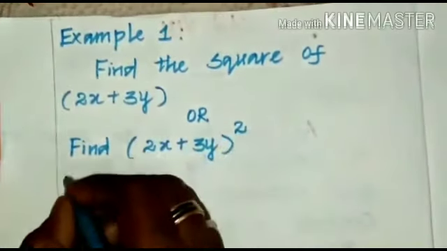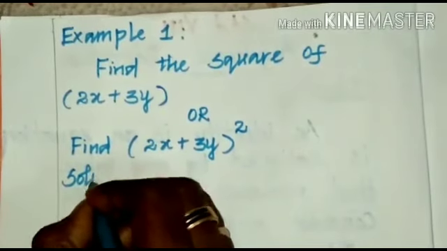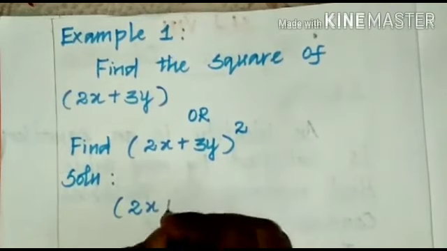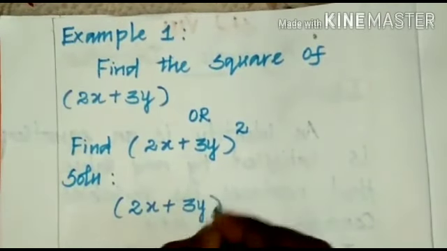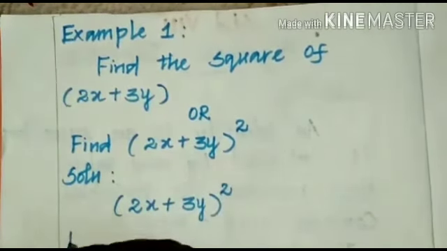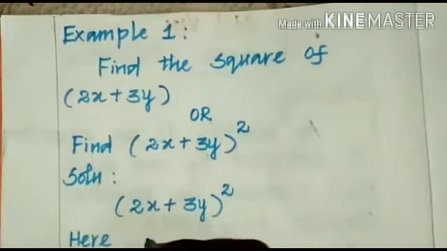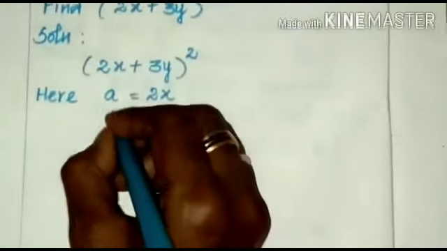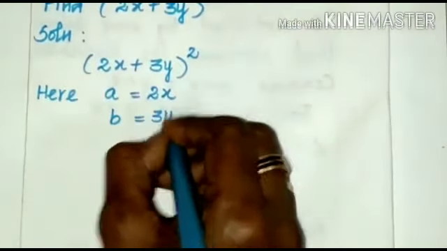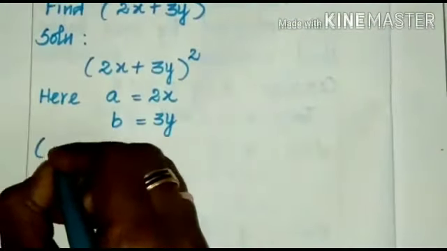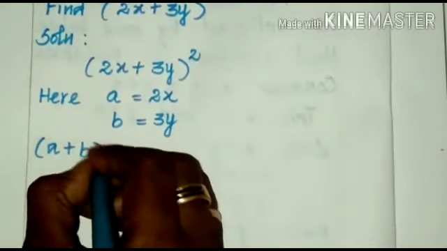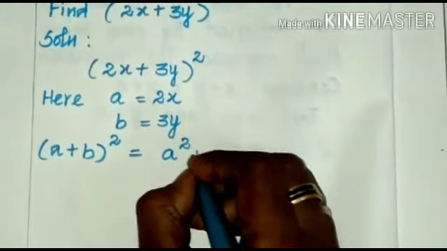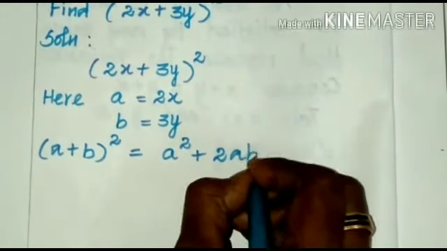Now we have to use the a plus b the whole square identity here. Here a is equal to 2x and b is equal to 3y. Now we write the identity. What is the identity? A plus b the whole square is equal to a square plus 2ab plus b square.